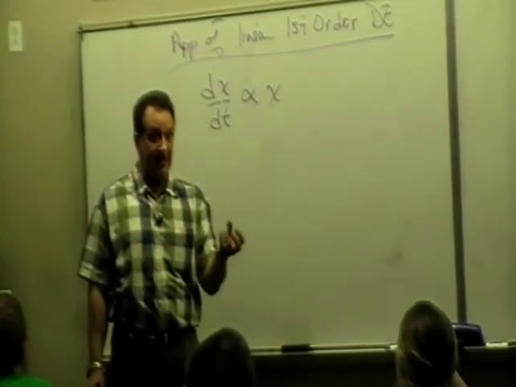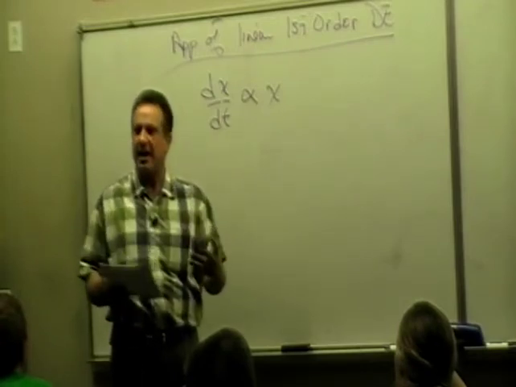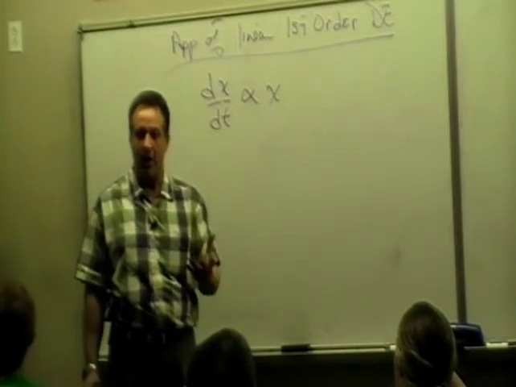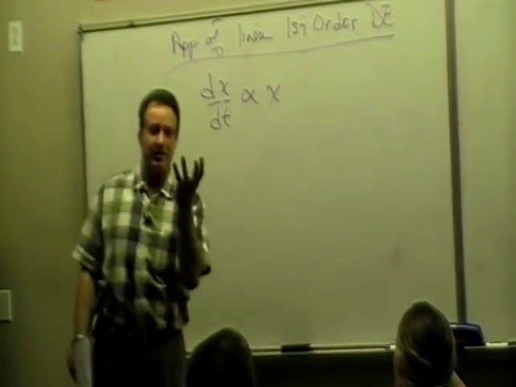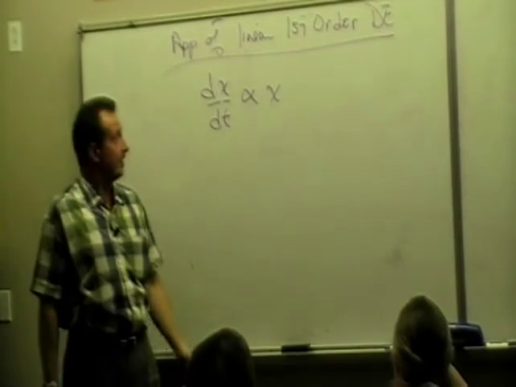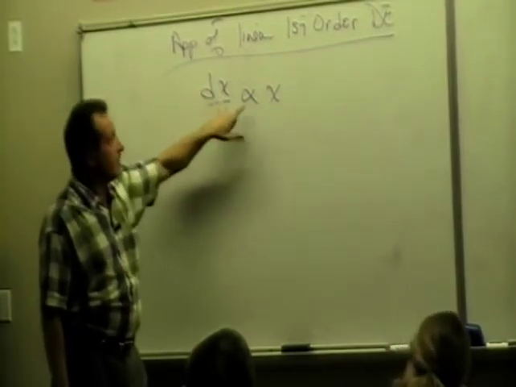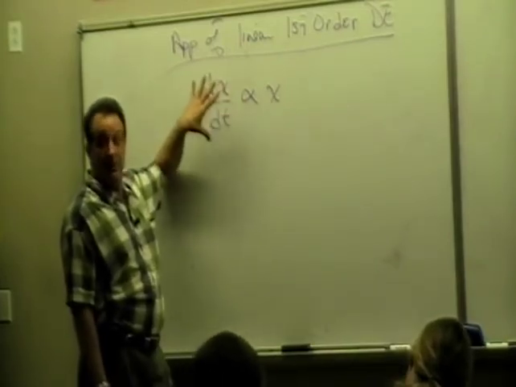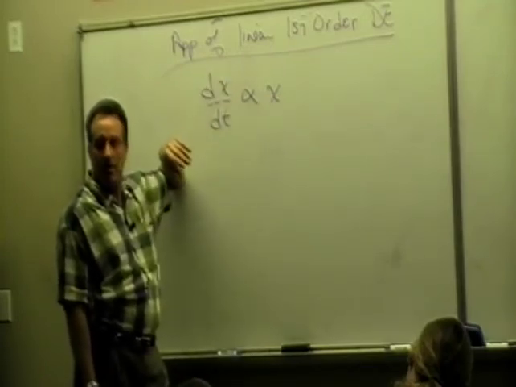Because it's radioactive, it's breaking down into its daughter products, meaning the atoms are breaking down into other elements. Hence, you don't have any more plutonium over a very, very long time. The rate of the decay is proportional to the amount that you have. If I have a whole bunch, the rate of that decay will be great. If I have very little, the rate in which it decays will be small.